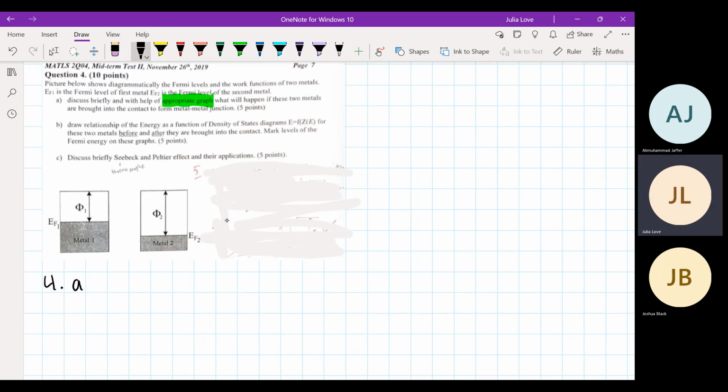So for this, what's going to happen is essentially, I'm just going to write out the jot notes of things to talk about. Essentially the Fermi levels are going to equalize in the middle. Not always exactly the middle, but they're going to equal out because the one metal will donate electrons to the other one.